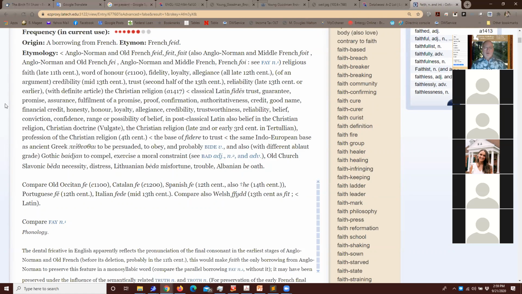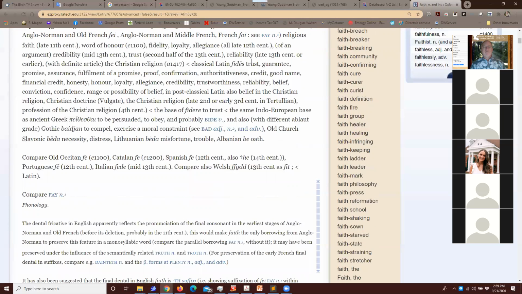So this is a word that brings over several words with really important meanings from other languages, like fides, where we get the word confides, which means with faith, and disfides, which means something's wrong with faith.